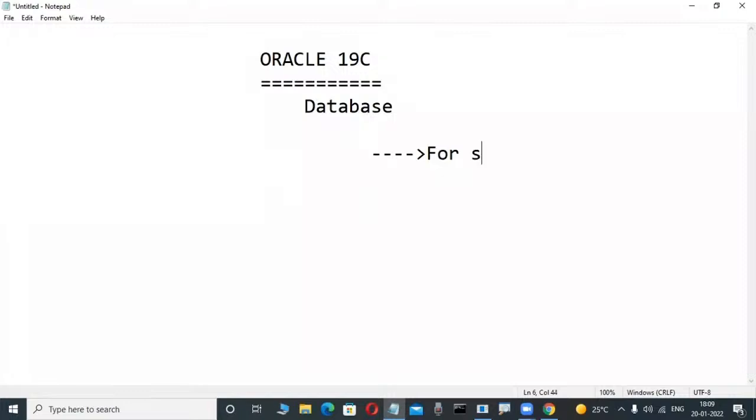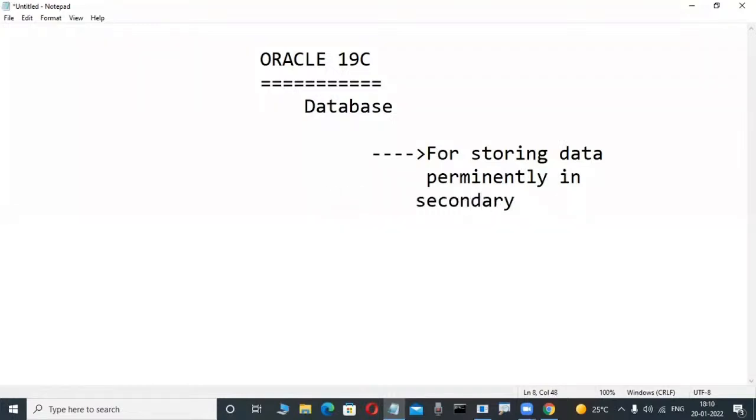For storing data permanently in secondary storage devices. Secondary storage devices means maybe a hard disk. Yes, one of these. Okay, secondary storage devices.